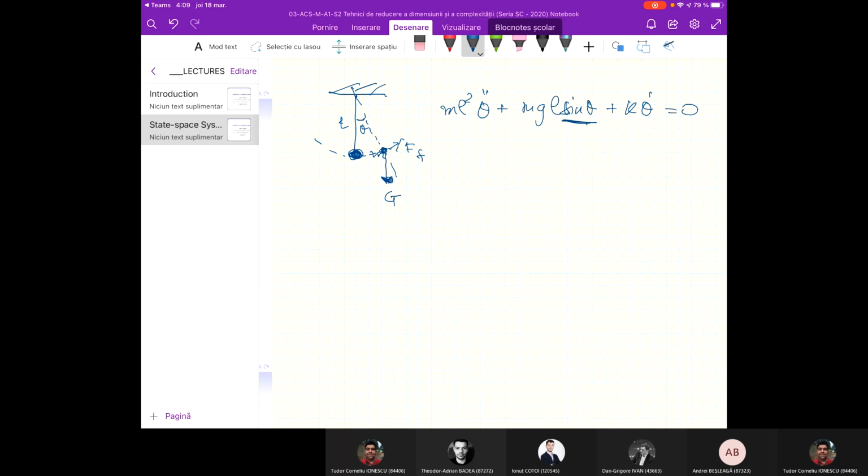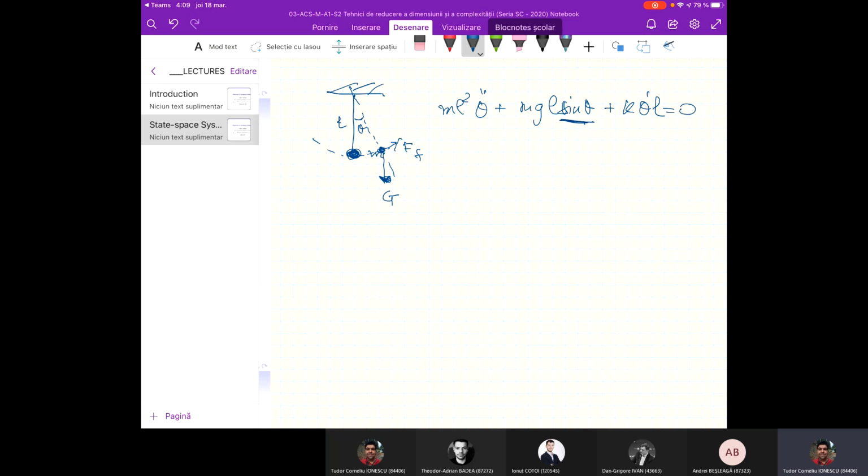Now we are talking k theta dot L, sorry, because we are talking in torques. These are no longer forces because it's about rotation, a movement of rotation. So essentially these are torques and not forces.